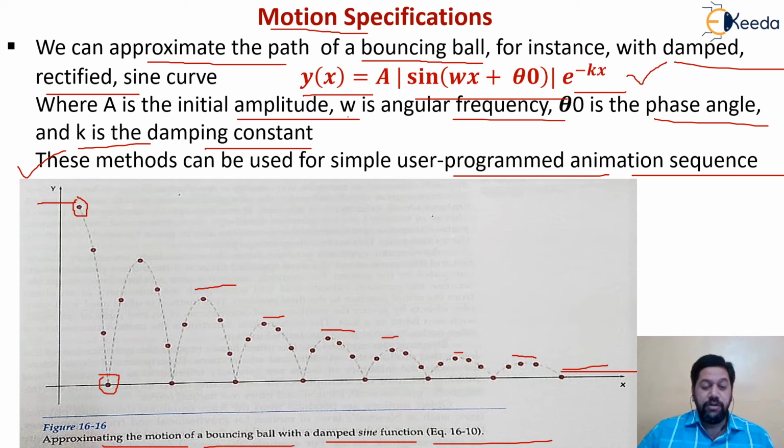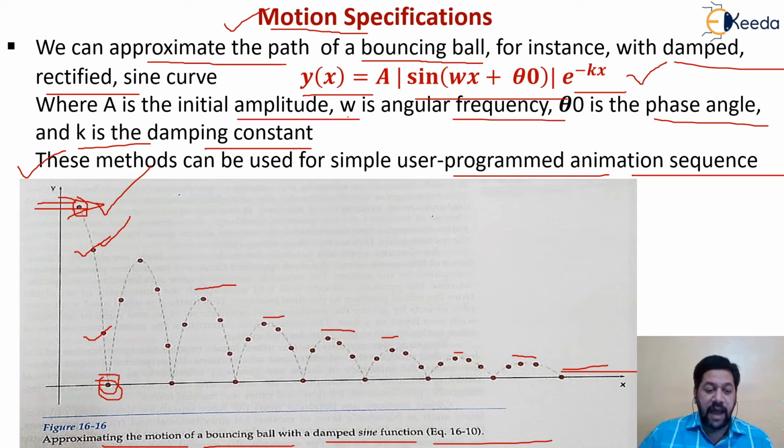This is what I want to show with the help of the motion specification. Here I'm throwing this particular ball. Can I show this ball directly, and in the next frame show the ball at the next position? No, it is not possible. I have to add in-between frames, so that the ball appears to move from this point to this point.